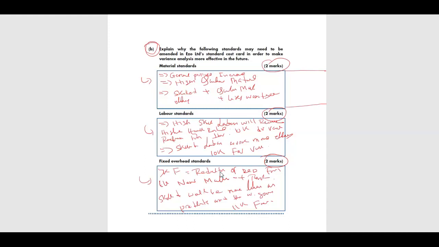So if you don't change it because you're now buying more quality material, you have to revise your budget, you have to revise the standard. If you don't do it, there will be always variance, because you will say, listen, before, the quality of the material wasn't that good. Now the material quality is really good, so I have to revise the standard because now I'm expecting less waste.